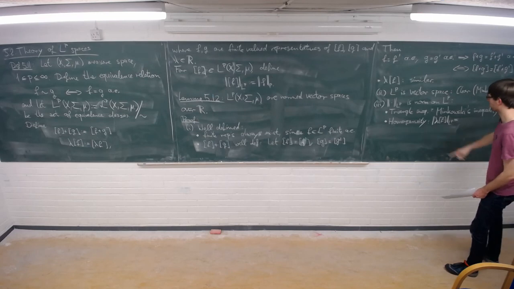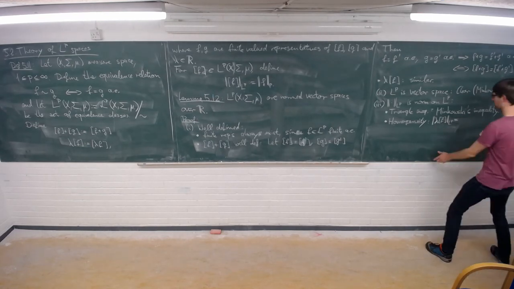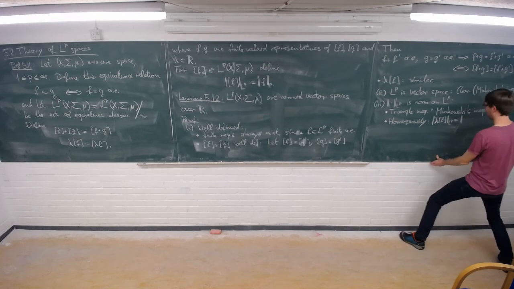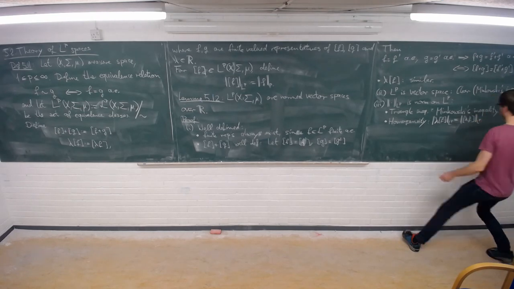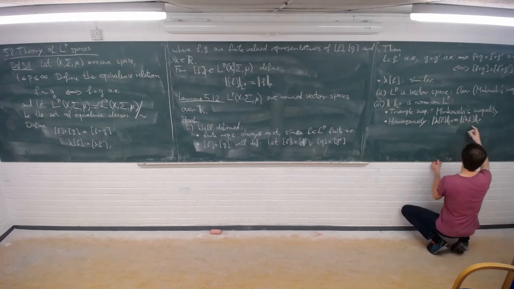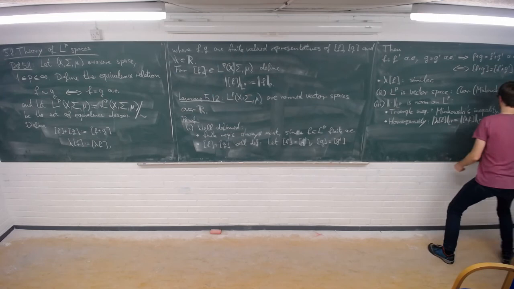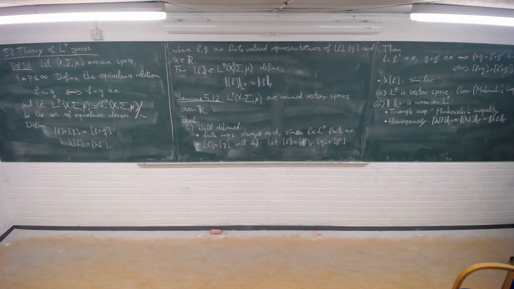And so by definition of the scalar multiplication, this is the norm of the equivalence class of lambda times f. And now by definition of the norm, this is the same as the old p norm of lambda f.